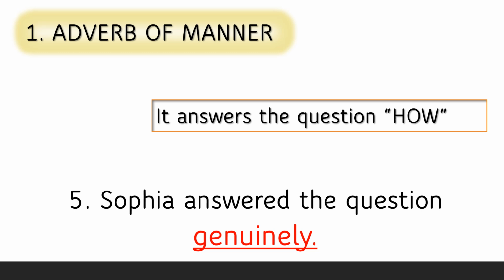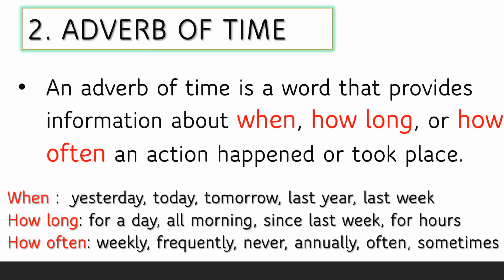Let's see another type of adverb. The second type of adverb is adverb of time. An adverb of time is a word that provides information about when, how long, or how often an action happened or took place.